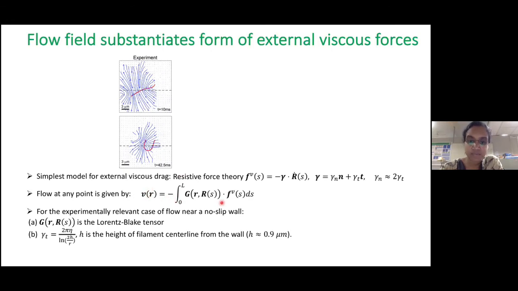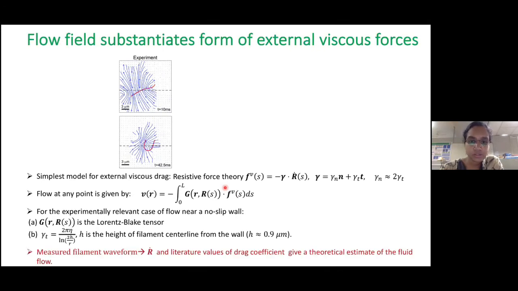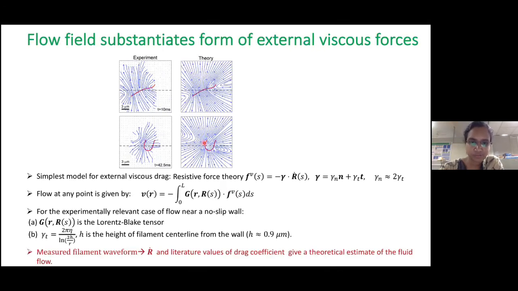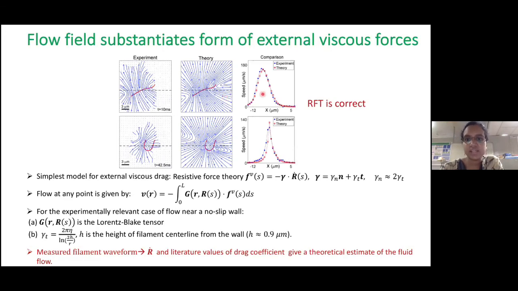So we are thinking of our filament as a line of Stokeslets of strength Fv, each of which gives you a flow field through the Oseen tensor. So this is how the theoretical flow field looks like. And you can see that there is a very good match, definitely in streamlines, but there's also a good match in magnitude.